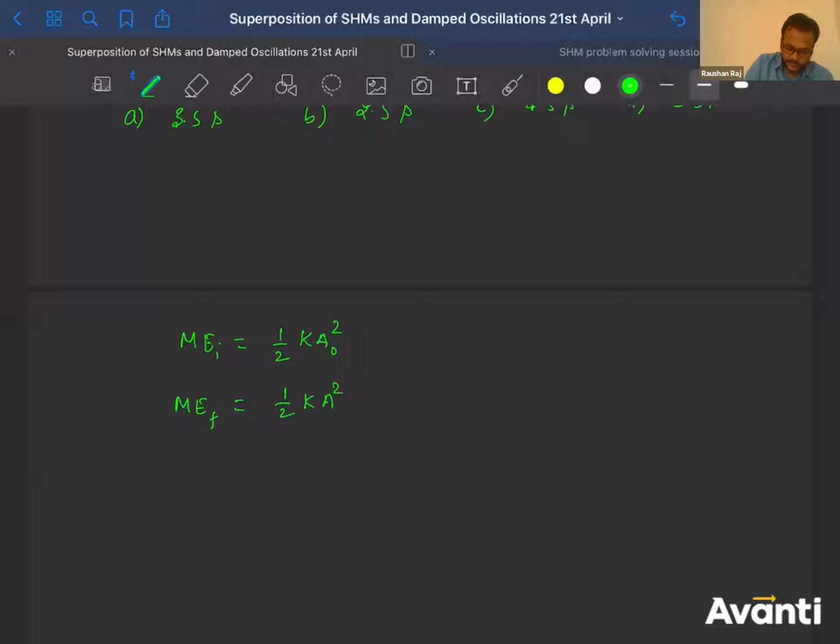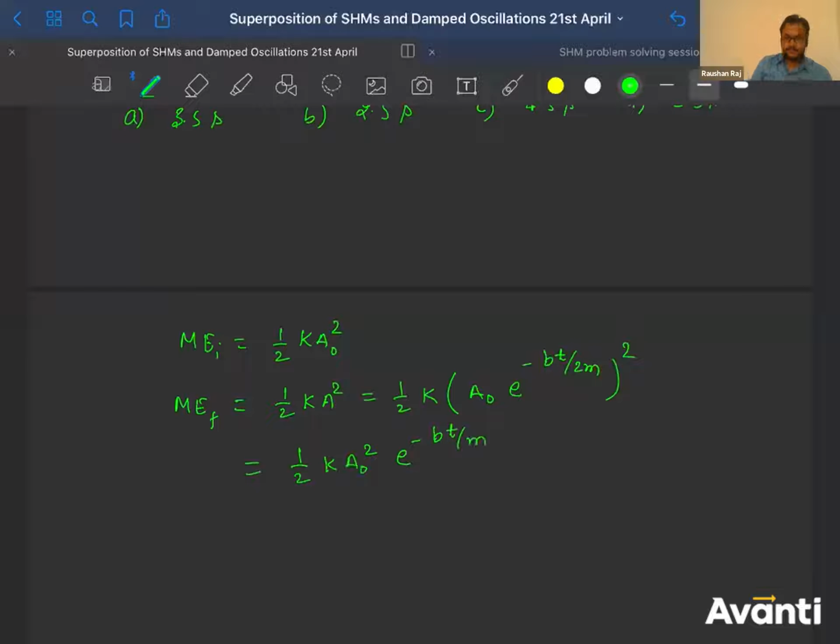We know A can be written as A naught into e to the power minus bt by 2m, right? But we have to square it because this is square of A. So I'm getting final mechanical energy as half into K into A naught square e to the power minus bt by m.